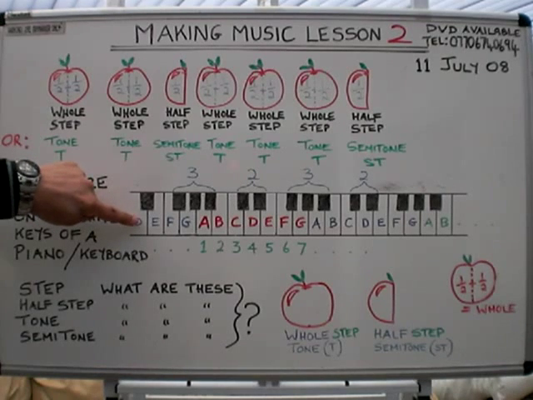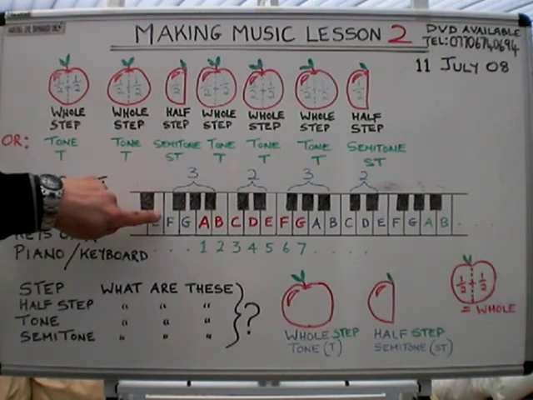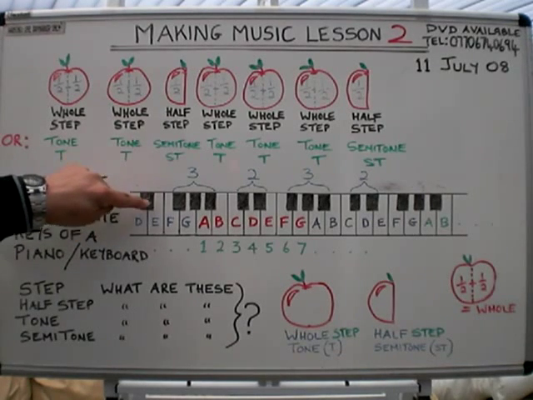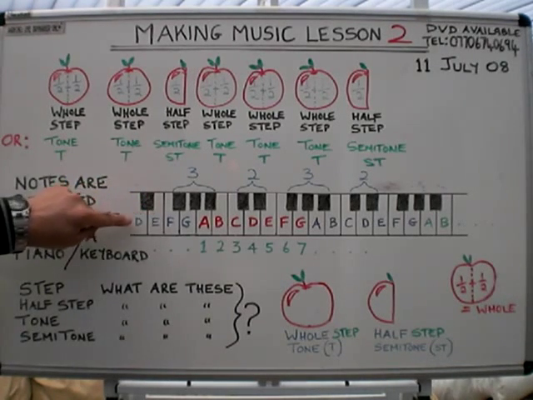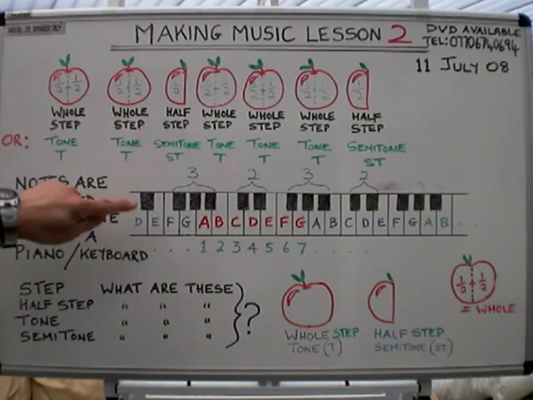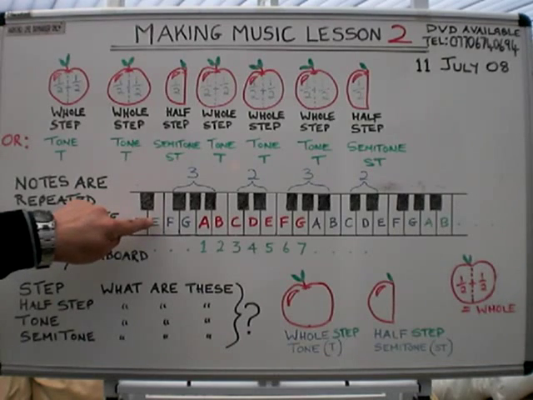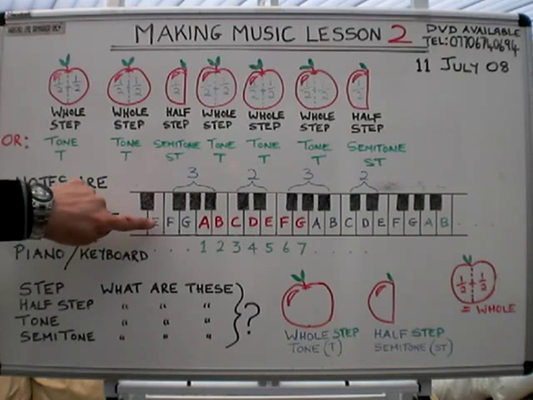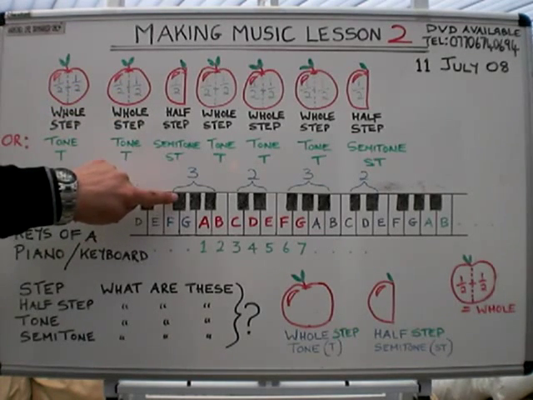So half a step and half a step, look, they join together. It's like moving 2. So we start on the D, half and another half, make a whole step. If I wanted to do another whole step, I'd keep there where you are. Now there's no black in between, so we're going to do another 2 halves, 1, 2.